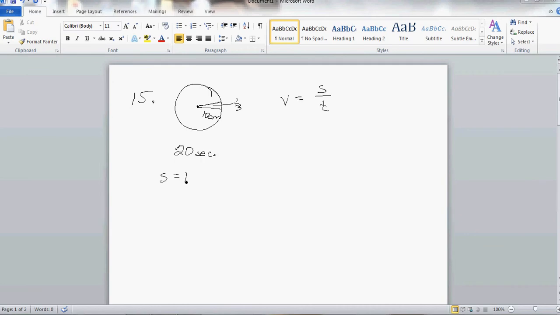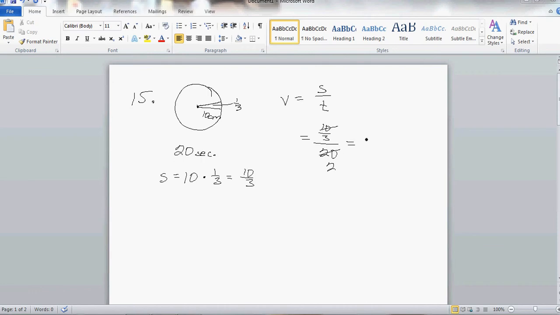Well, the radius is 10, and theta in this case is 1/3. So s in this case would be 10/3. T represents time, or the 20 seconds. And so we get 10/3 over 20. And when we simplify this, this will simplify to a 2.